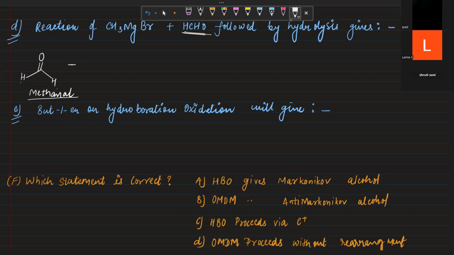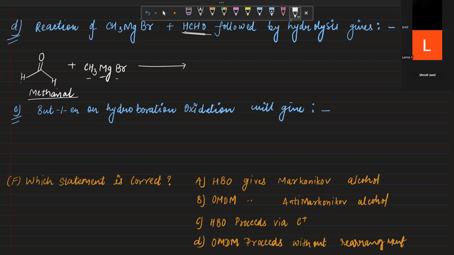Then we need to add CH3MgBr over here. What is CH3MgBr? CH3MgBr is a Grignard reagent, methyl magnesium bromide.